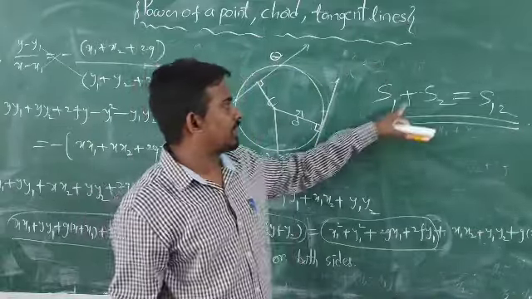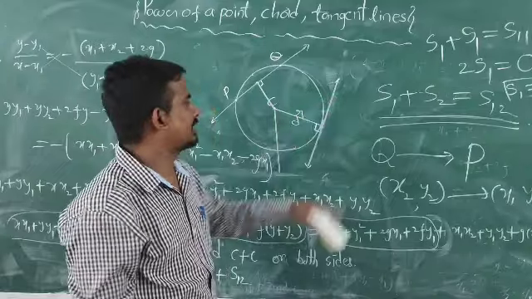S1 plus S1 is 2S1 equal to S11, which is also 0 because the point is on the circle. Finally, S1 equal to 0. So this equation becomes S1 equal to 0. A chord equation becomes a tangent equation when the 2 points tend to each other. Finally, this equation of the chord joining 2 points becomes a tangent.